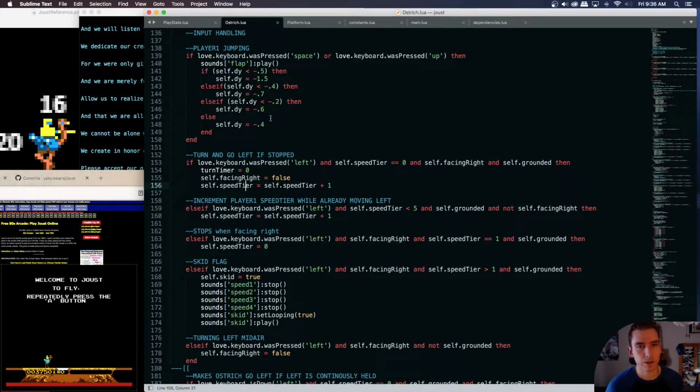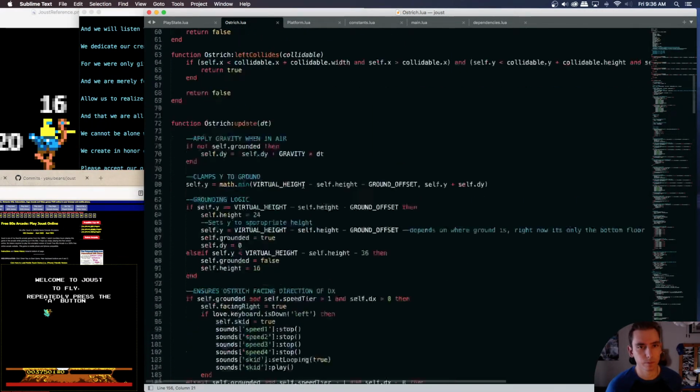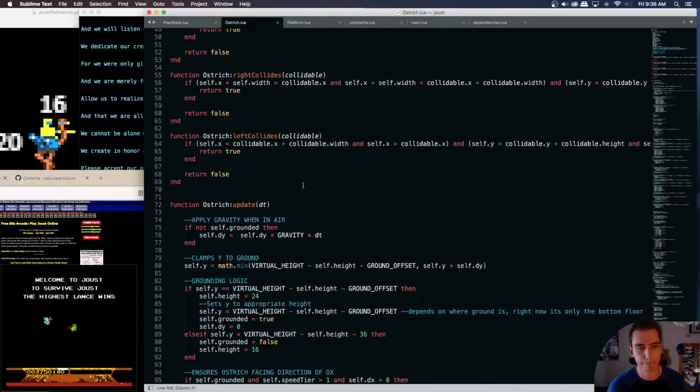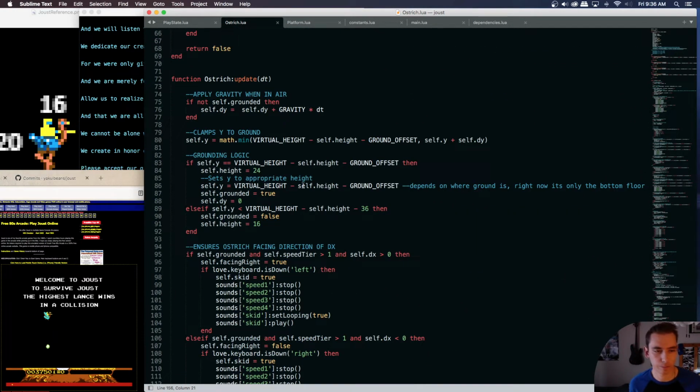So there's a couple things we need to figure out. The good news is I've already calculated the amount of time it takes to get to full speed. The ostrich in the original game, if you hold the direction you're facing, you'll get to full speed in about a second.